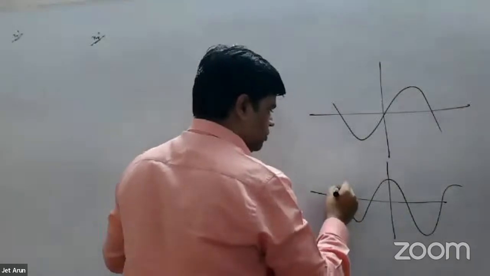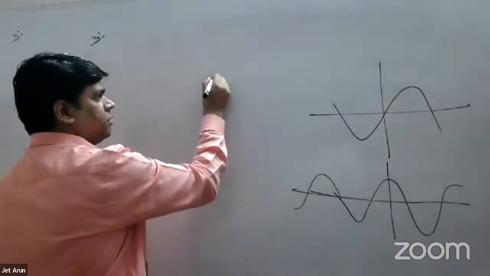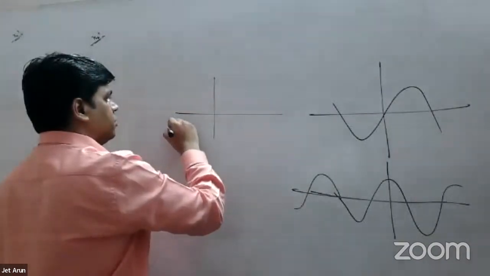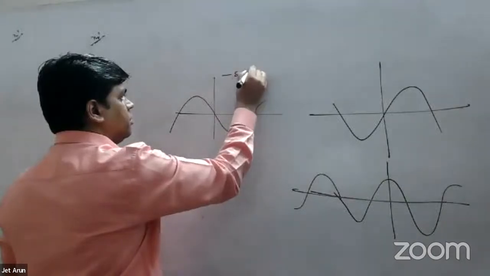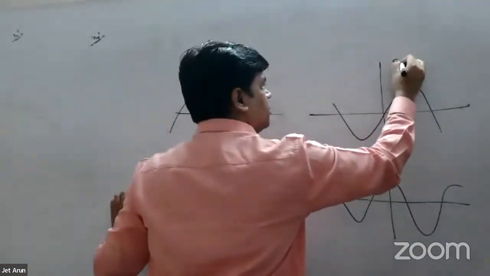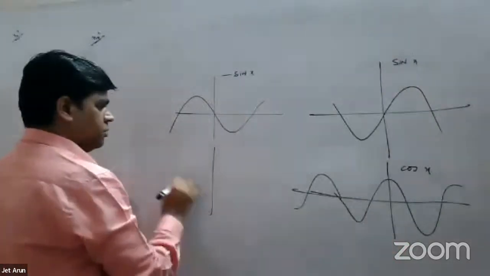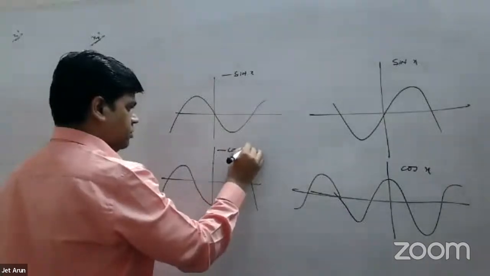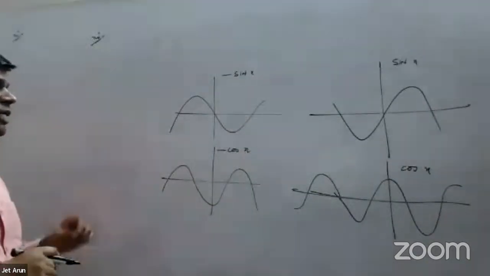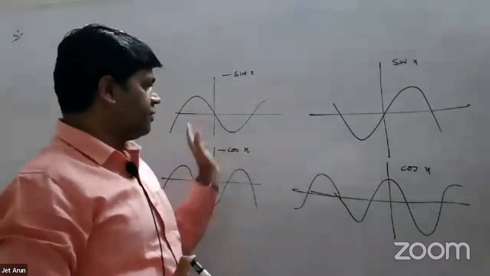This is my cos. Minus sine. Minus cos x. I'll quickly ask you, sine of x plus pi by 2, tell me what it is. It should be one of these.